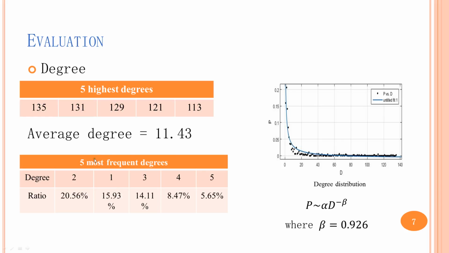From this table, we can say that the majority of the node degrees are very low. The degree distribution fits the power law equation. It's almost overlapping with the power law curve. This proves that the airport network is a scale-free network.